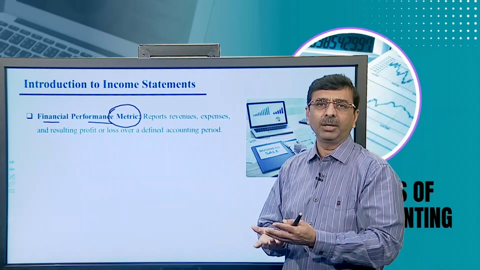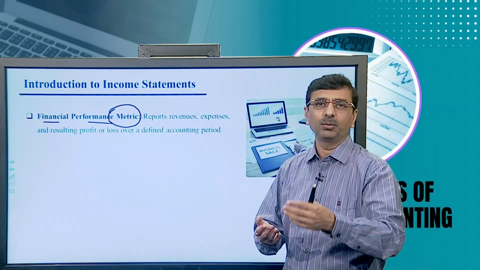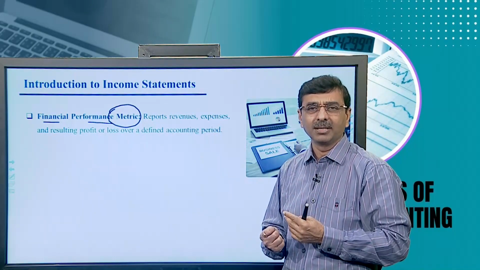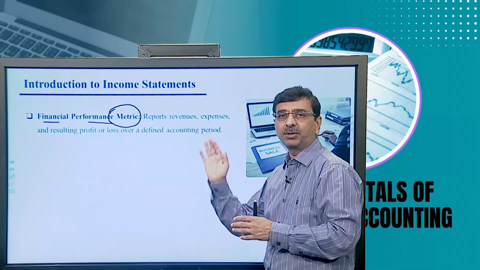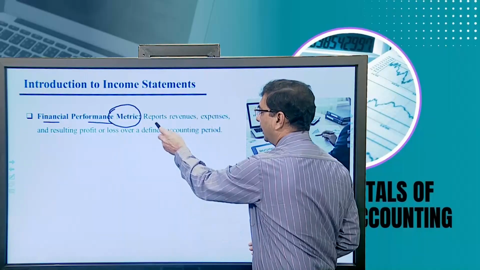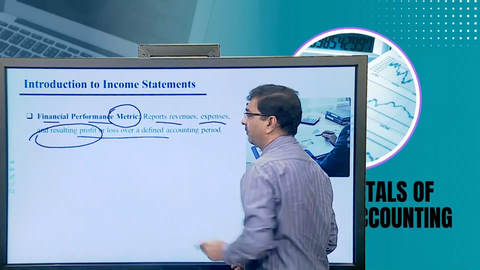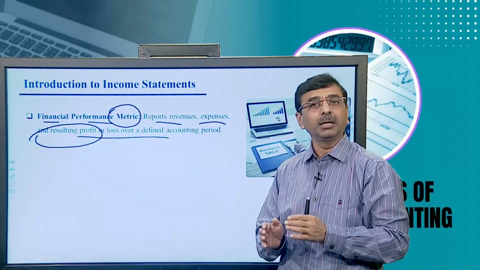Through these evaluations we identify the gross profit, and then gradually it moves to operating expenses, administrative expenses, selling expenses. All financial transactions, like revenues and expenses, will be recorded in this income statement account, and as a result we'll find out the profit or loss at the end of the specific accounting period.